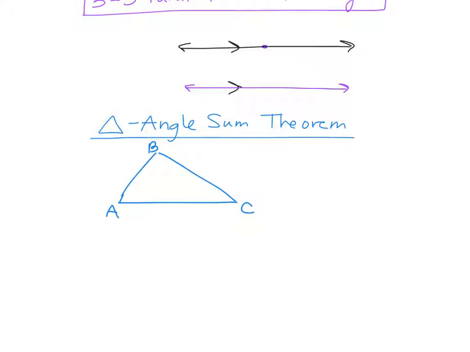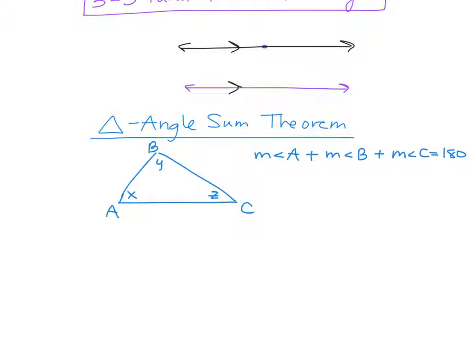So if this is x, y, and z, then x plus y plus z will equal 180, or the measure of angle A plus the measure of angle B plus the measure of angle C will always equal 180. Just like I showed you, if you rip those three angles apart and put them all together at one vertex, it makes a straight line. It adds up to 180.